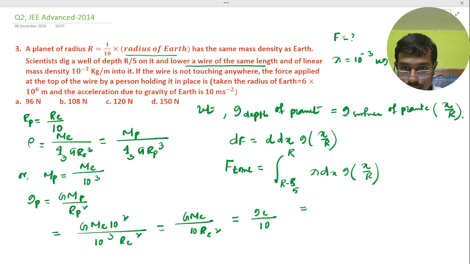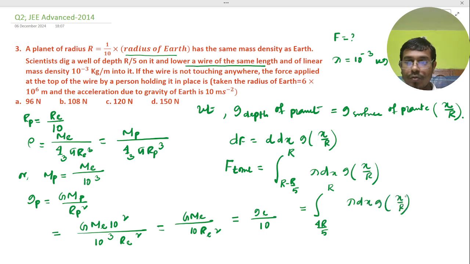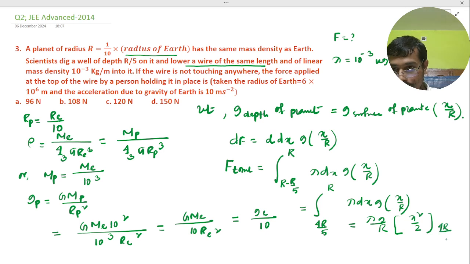So it becomes integral from 4r by 5 to r of lambda dx g x by r. Now we put the value here, and after integrating we get lambda g by r times x square by 2, with the limit 4r by 5 to r.